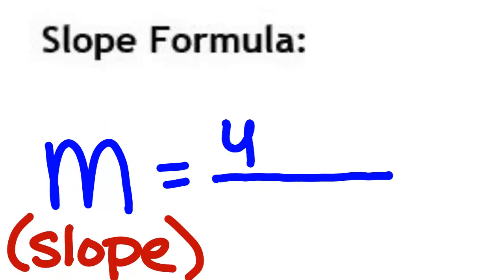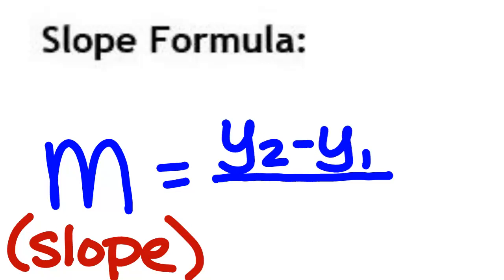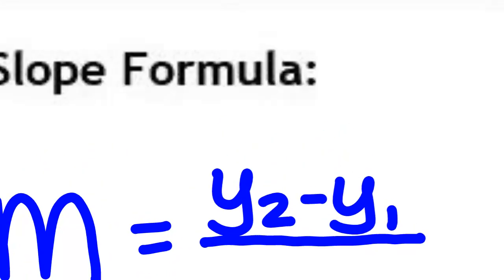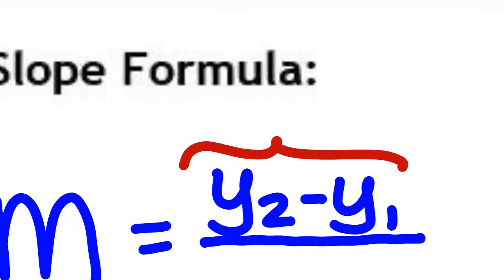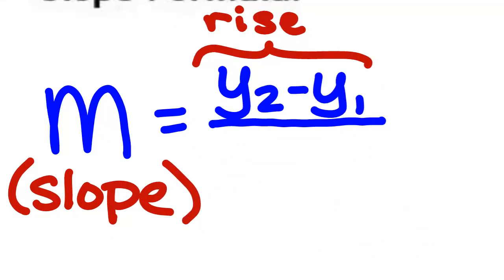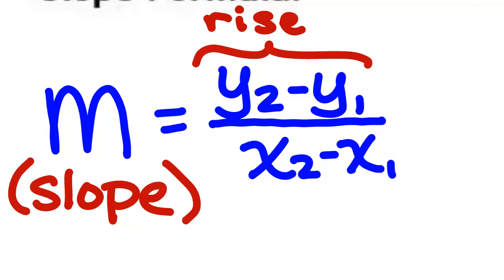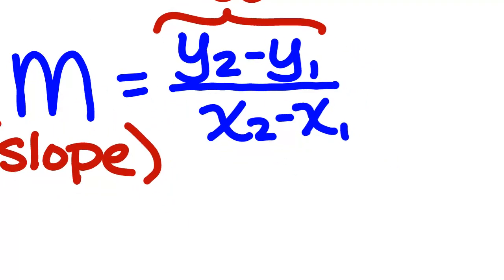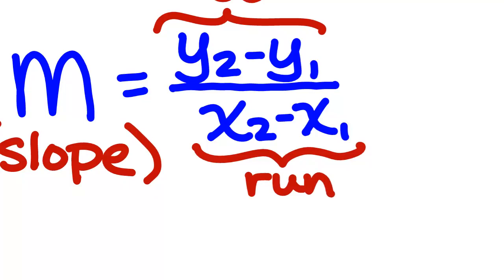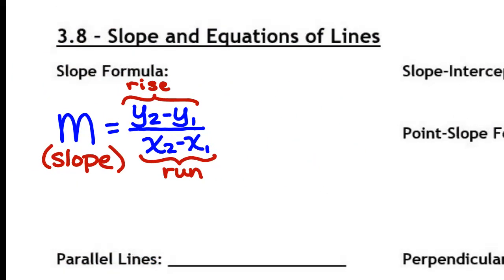So to find the rise, we need the difference in our y values. y2 minus y1 is my rise. And then x2 minus x1 is how we find the run. That is our formula to calculate slope from a point.